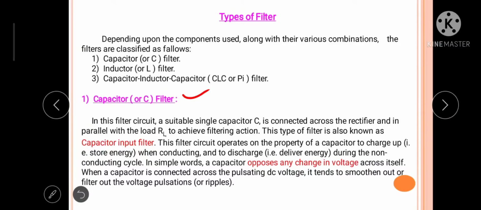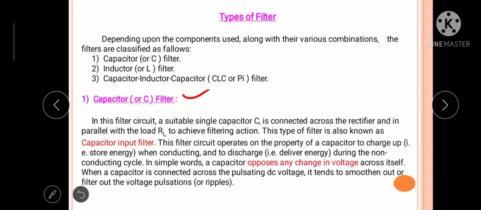This type of filter is also known as a capacitor input filter. This filter circuit operates on the property of a capacitor to charge up, that is, to store energy. It stores energy when the diode is conducting and it discharges the energy, or delivers energy, during the non-conducting cycle.